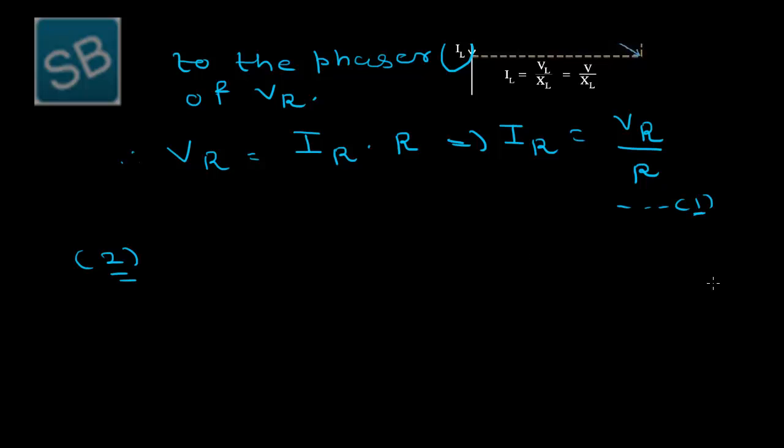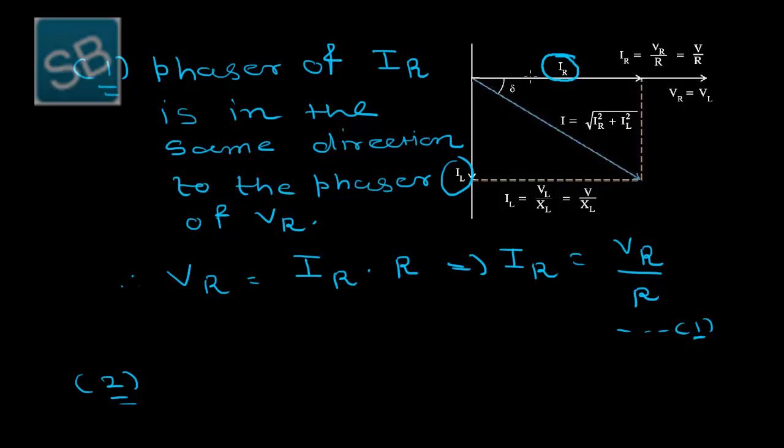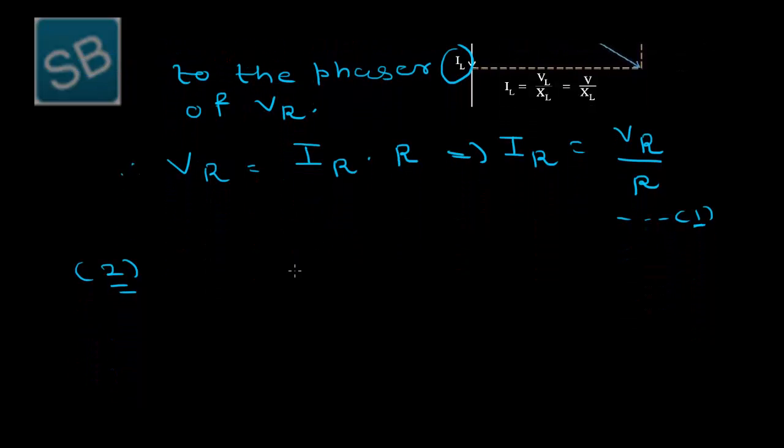Now if you again consider this figure, then according to the Pythagoras law, the magnitude of I is given by under root of IR square plus IL square. And now we have the value of IR. But what should be the value of IL? It is VL upon XL.